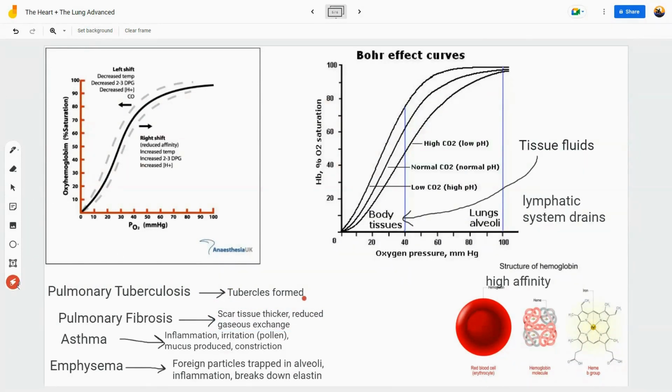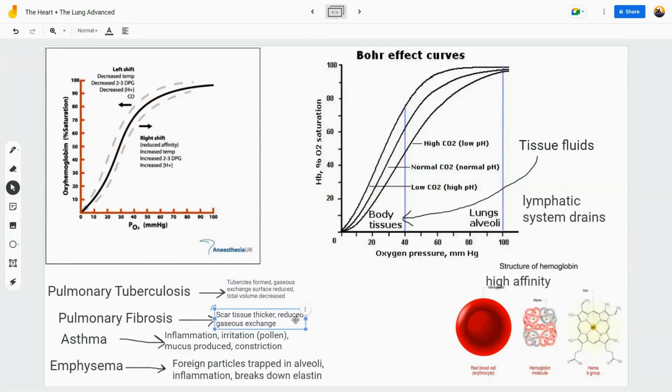Infected tissue within the tubercle dies and the gaseous exchange surface is reduced so that the tidal volume is decreased. A reduced tidal volume means less air can be inhaled. To compensate for this, patients have to increase their ventilation rate.